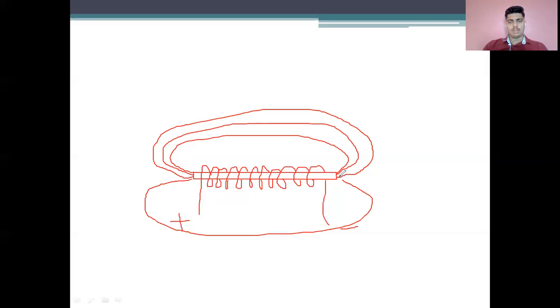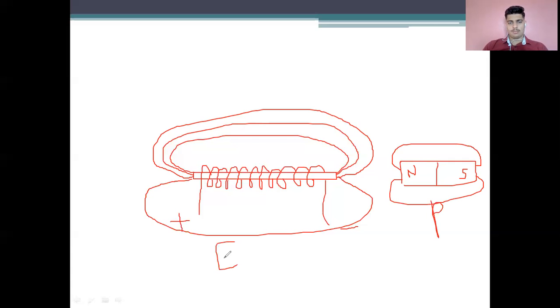So there is overall generation of a magnet, and this will work similar to a bar magnet, as if having a north pole and a south pole, and thus the field lines move from north pole to south pole in this fashion. Just the difference is this is a permanent magnet and this is an electromagnet.